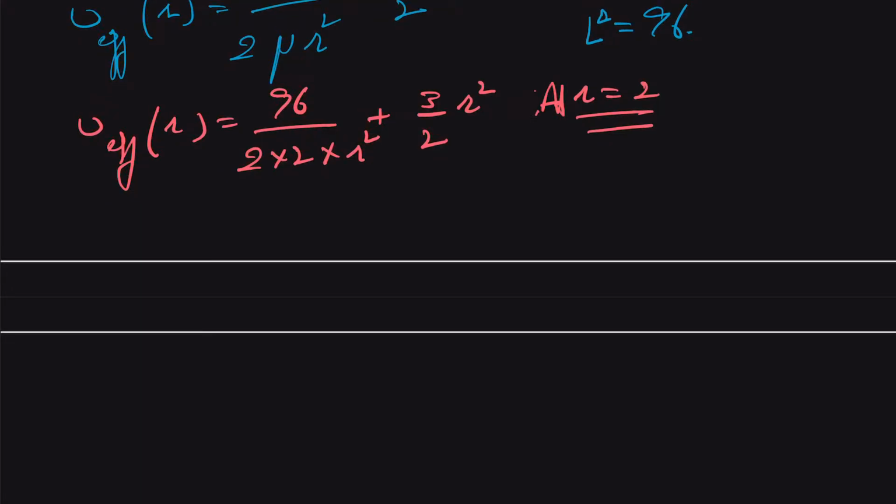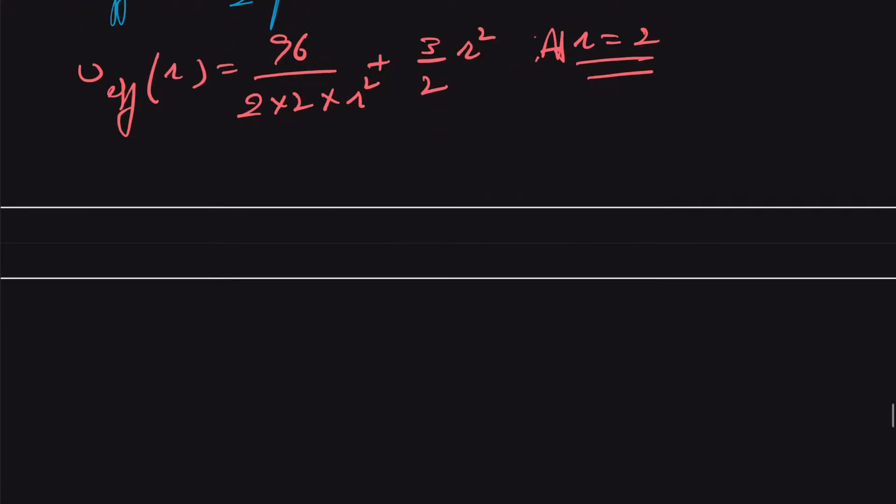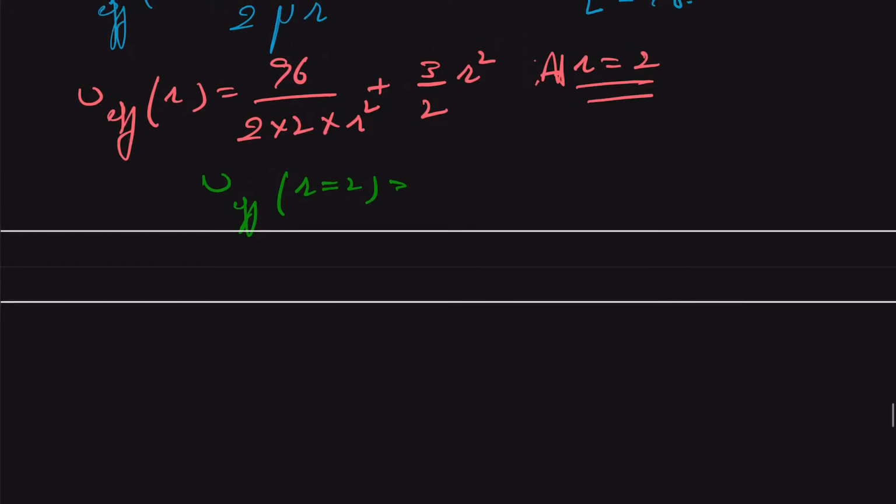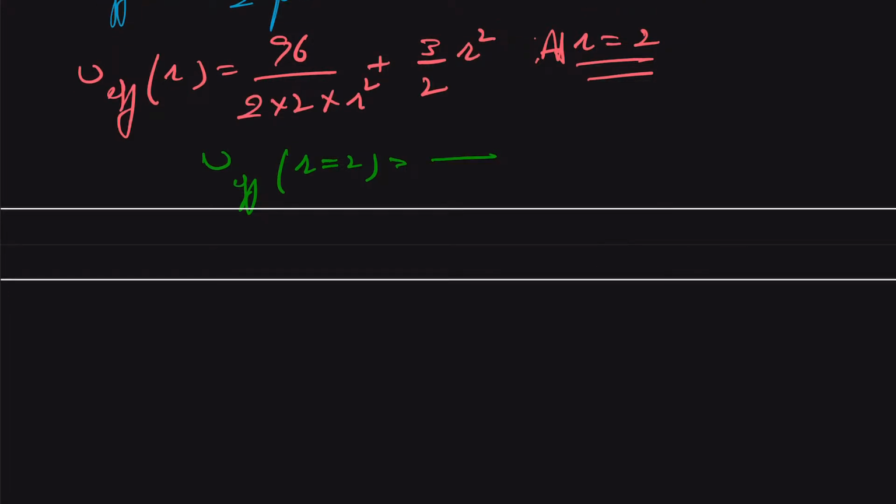at r equal to 2 we get our effective potential at r equal to 2 will be equal to 96 upon 16 plus 3 by 2 times 4, which will come as 12.